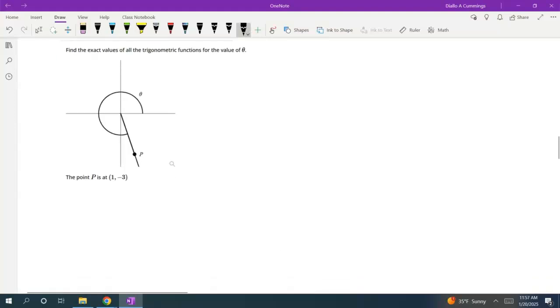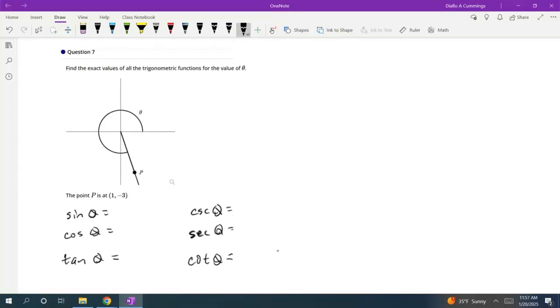We're asked to find the sine of theta, the cosine of theta, the tangent of theta, and also the reciprocals. The reciprocal for sine is cosecant theta. The reciprocal of cosine is secant theta. And the reciprocal of tangent is cotangent theta.